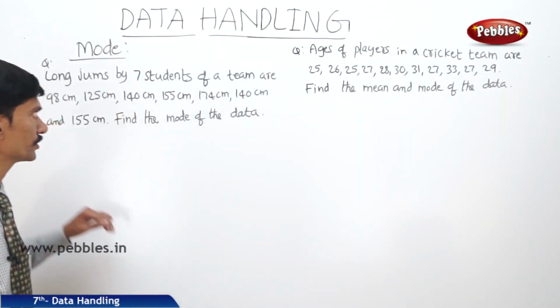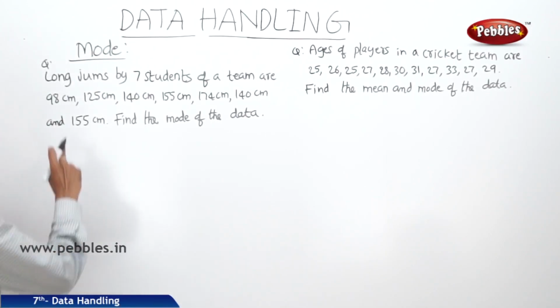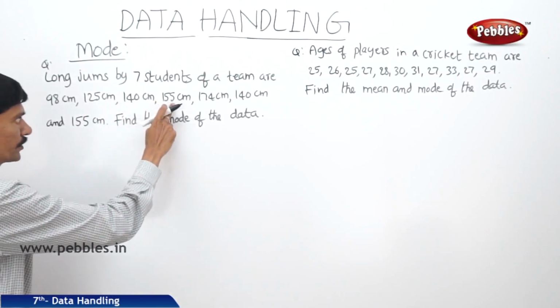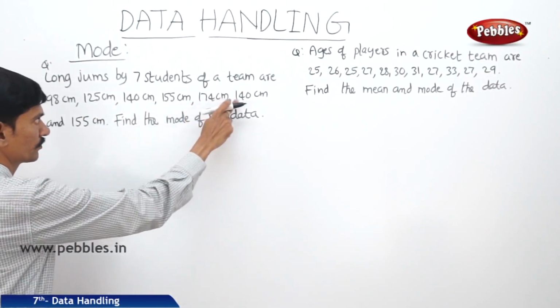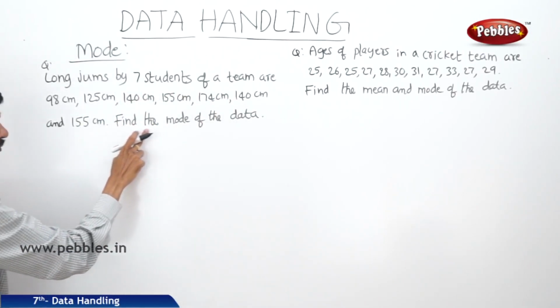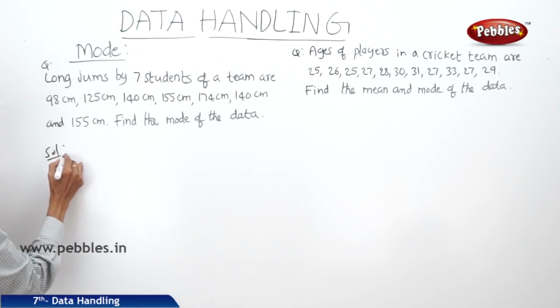Now let us see the next question. Long jumps by 7 students of a team are 98 centimeters, 125 centimeters, 140 centimeters, 155 centimeters, 174 centimeters, 140 centimeters, and 155 centimeters. Find the mode of the data. First let us arrange all the observations in ascending order. There are 7 observations.